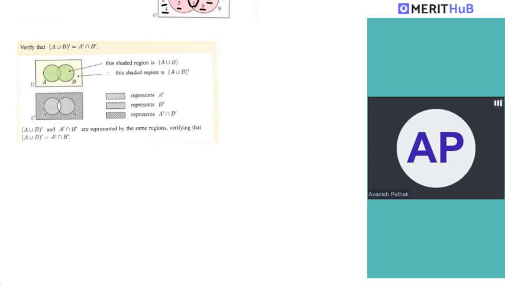So the shaded region is A union B. If the shaded region is the union, then anything outside this set is its complement, right? So A bar and B bar is represented by these regions, which is not in A and not in B. So A bar intersection B bar is represented by the region outside. So it's verified that (A union B)' is A' intersection B'.